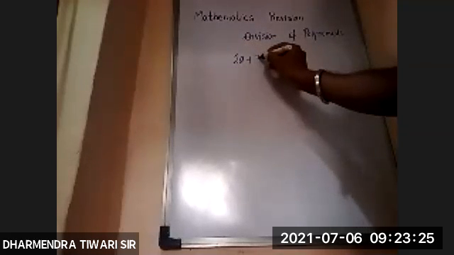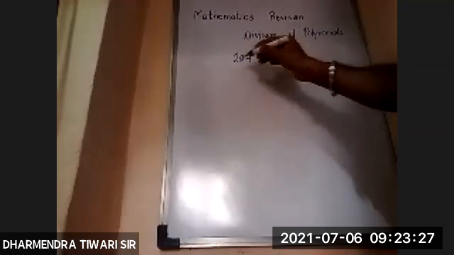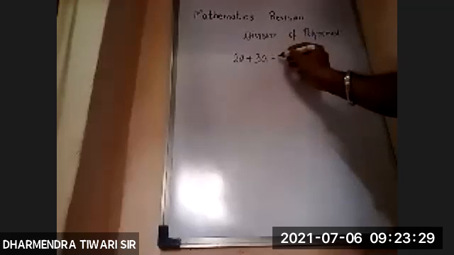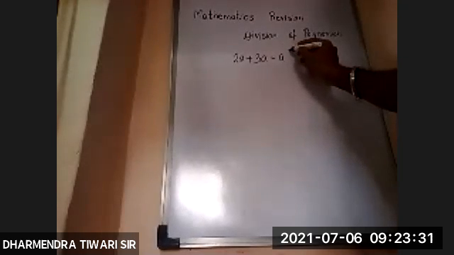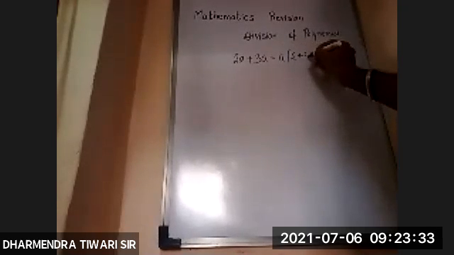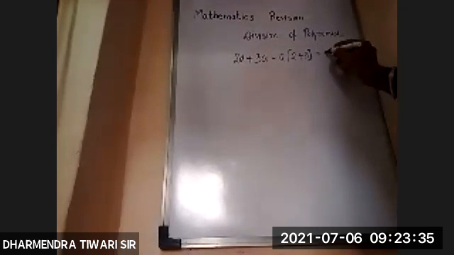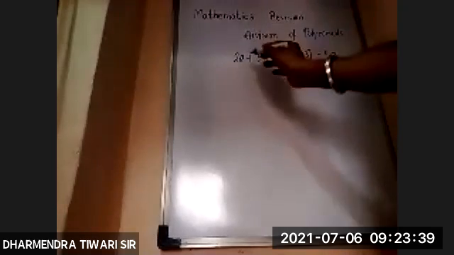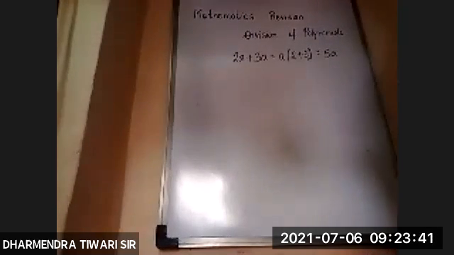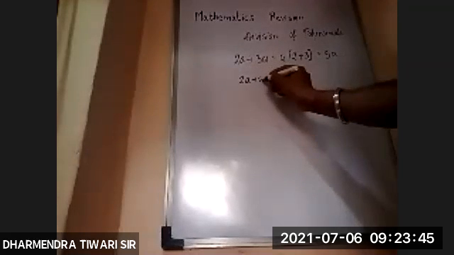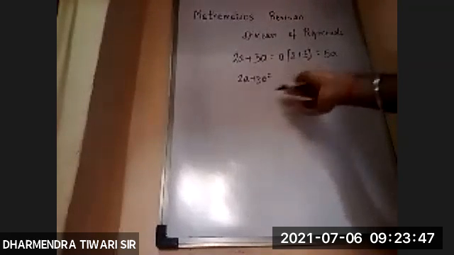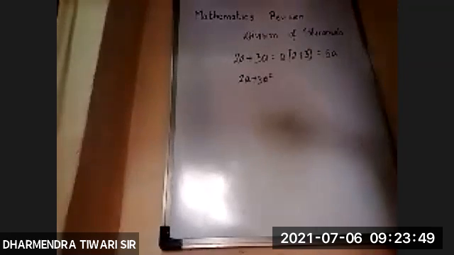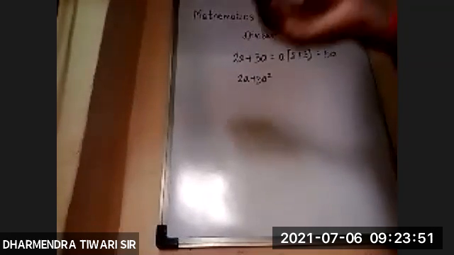2a plus 3a. As we can see, we can take a common. What will remain? 2 plus 3, so the answer is 5a. Or directly, 2a plus 3a: both the variables are the same, so we can add them. If it is 2a plus 3a square, here you can't add them, as the variable present along with the coefficient is different.